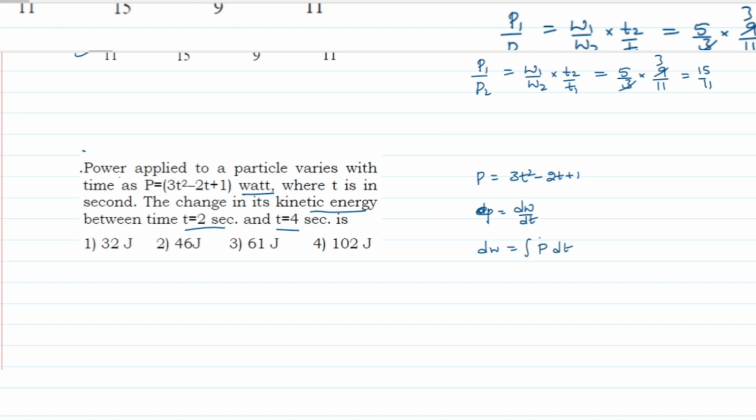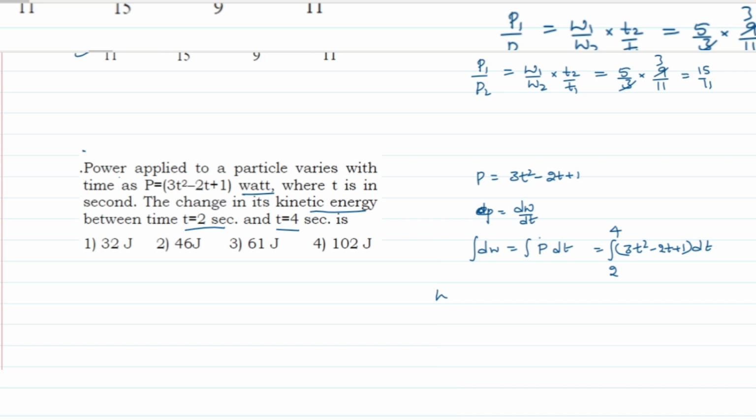So P is given as 3t square minus 2t plus 1 into dt. So the integral limits are given. Time is going to be varying from 2 to 4 seconds. So here you are going to be calculating the total work done. So here you can take integral dw.